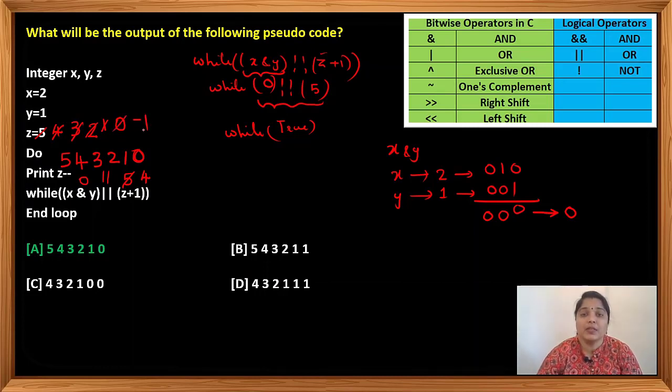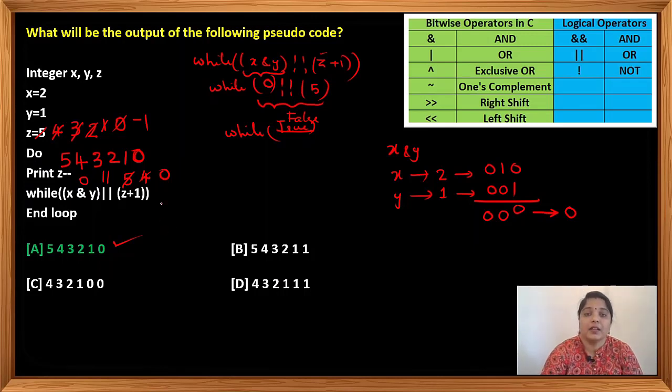When z is minus 1, minus 1 plus 1 is 0. That means the while condition becomes false. The while loop no longer holds, so the loop terminates and comes out of the loop. So your answer is 5, 4, 3, 2, 1 and 0. The answer is option A, 5, 4, 3, 2, 1 and 0.